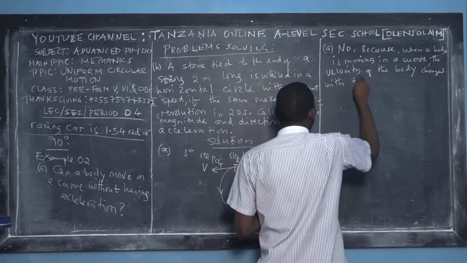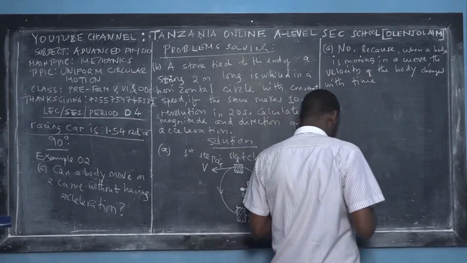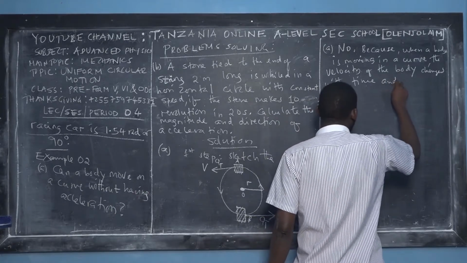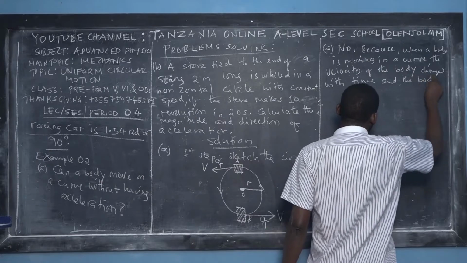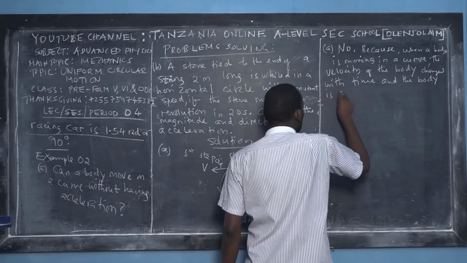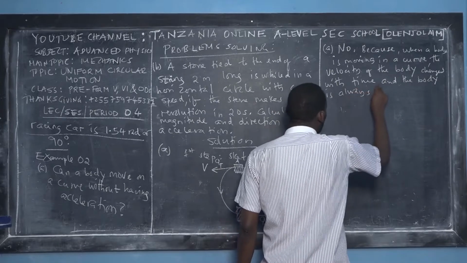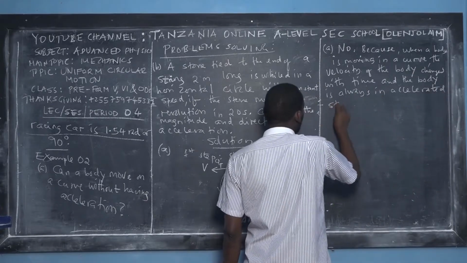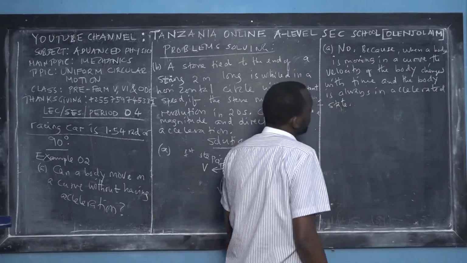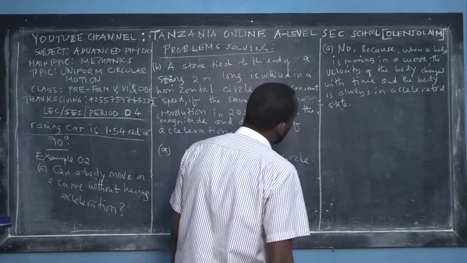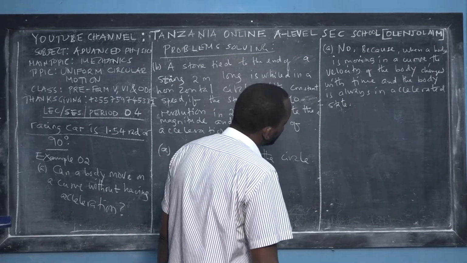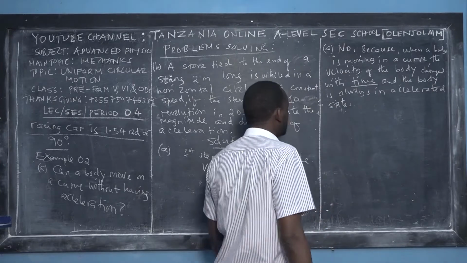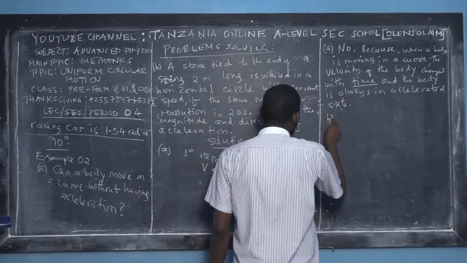Because it changes with time, the acceleration is present, and a body moving in circular paths is always in an accelerated state. That is part A. So let us go to part B.